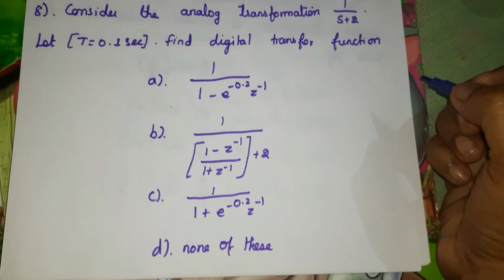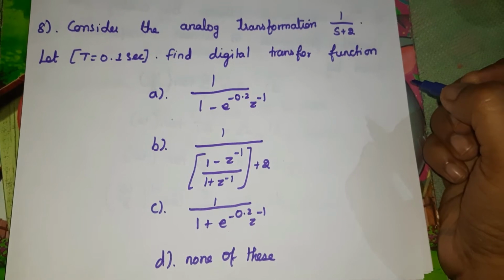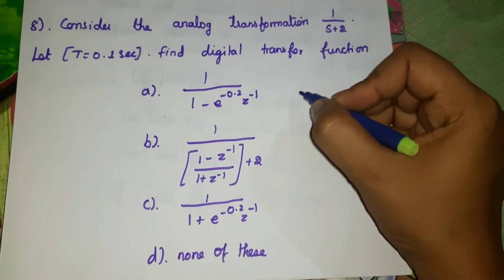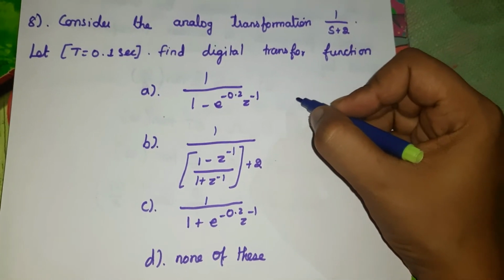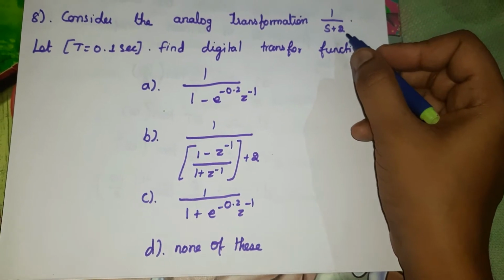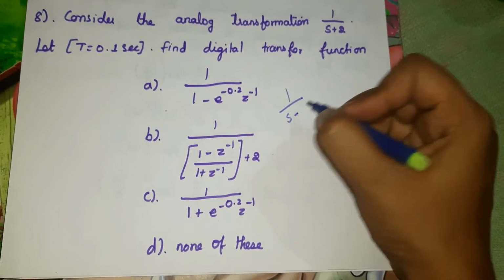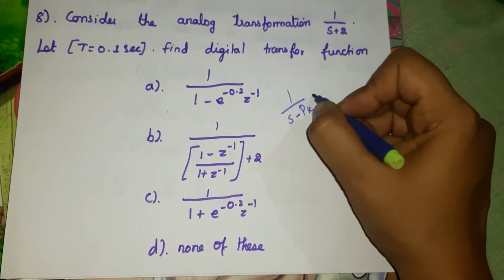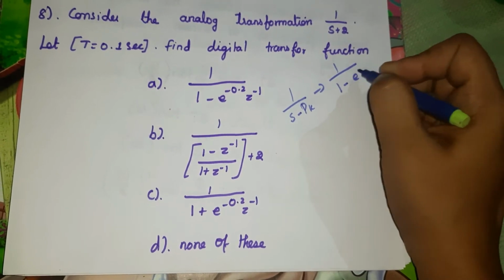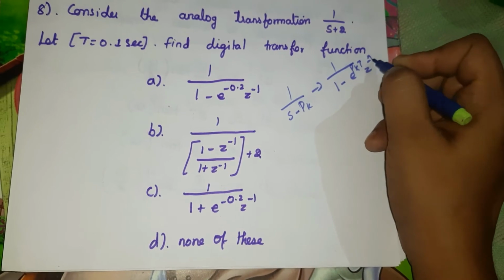Eighth question, consider the analog transformation 1 by (s plus 2), let T be equal to 0.1 second. Find the digital transfer function. The steps involved to find the transfer function use the simple pole method. Here there is only one pole, 1 divided by (s plus 2). For the case 1 by (s minus pk), the transfer function is 1 divided by (1 minus e power pk T into z power minus 1).